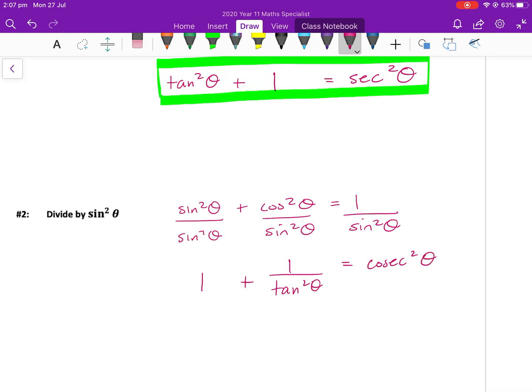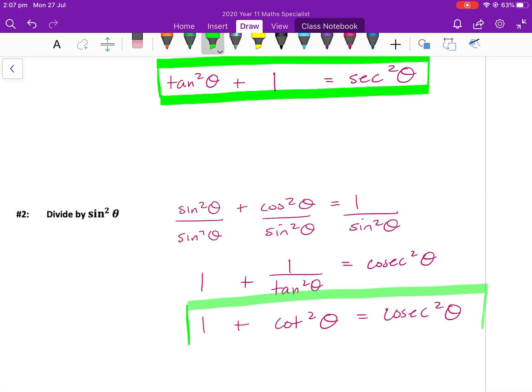Now we can go a little bit further because we know that 1 on tan squared theta is going to be cot squared theta, the cotangent. And what we've come up with is an alternative way to represent the Pythagorean identity. So in fact, we've got 3 forms to consider this identity. They do come in handy when we're trying to solve or manipulate certain expressions. So let's take a look at some of those now.